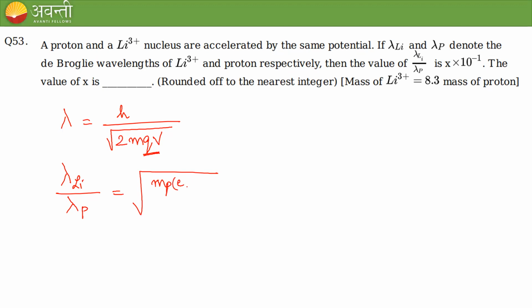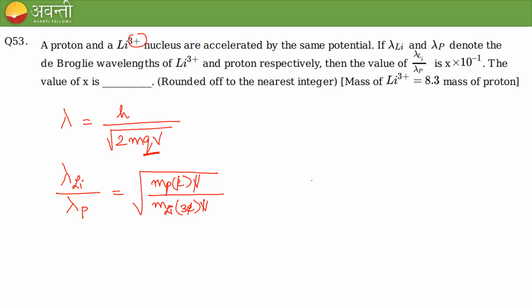So we substitute e and V, divided by the mass of lithium and the charge of lithium, which is 3 plus. So I have to put 3e here, 3 is the charge, into V. Now e gets cancelled and V gets cancelled. The remaining we have is root of MP by MLi.